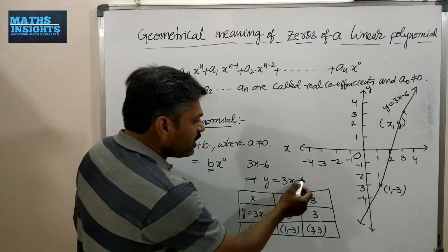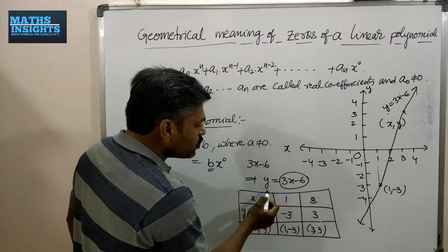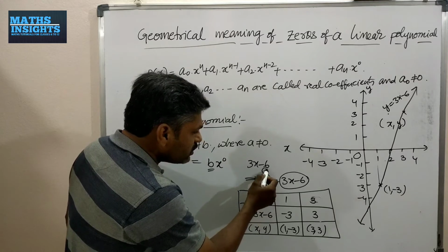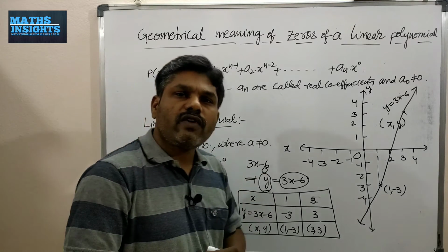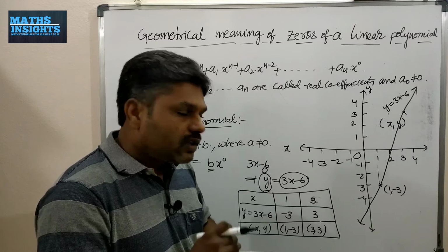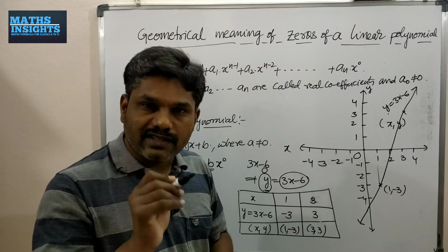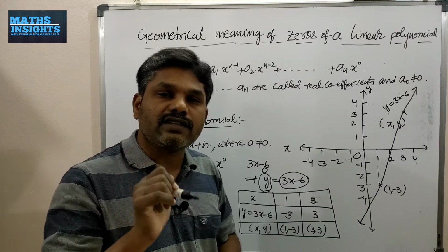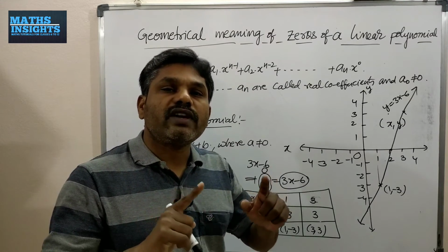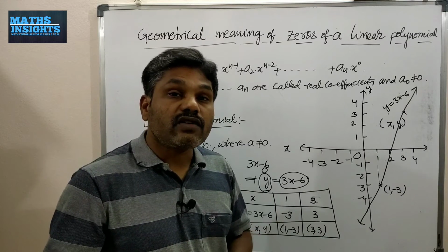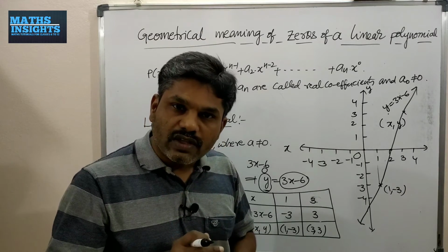Now the value of this polynomial should become 0. That means the y value should become 0. Where does the y value become 0? The y value becomes 0 on the x-axis. On the x-axis, the y coordinates are 0. On the y-axis, the x coordinates are 0.